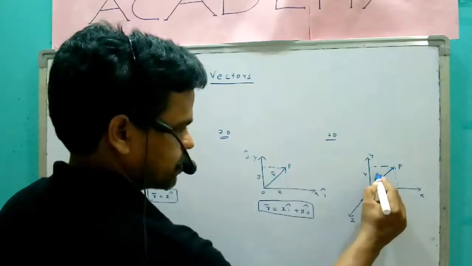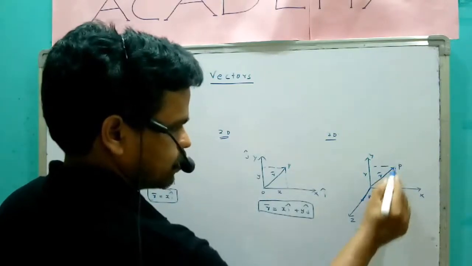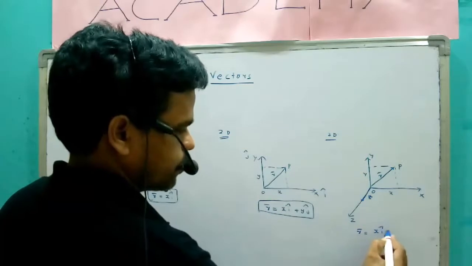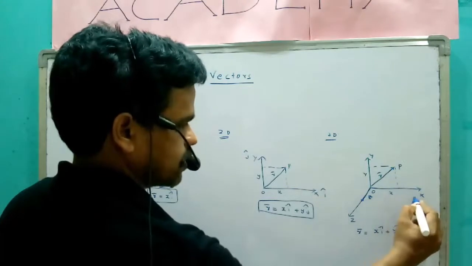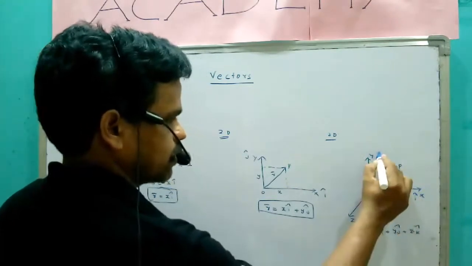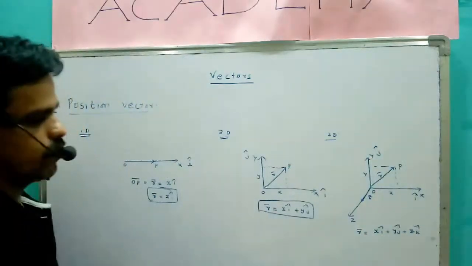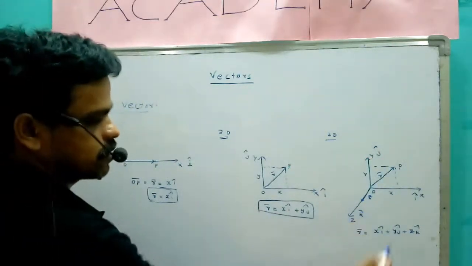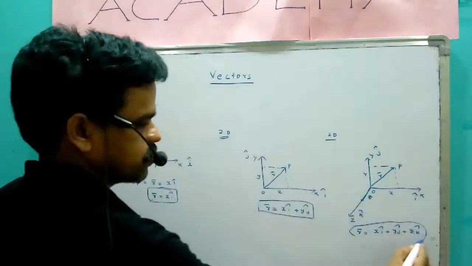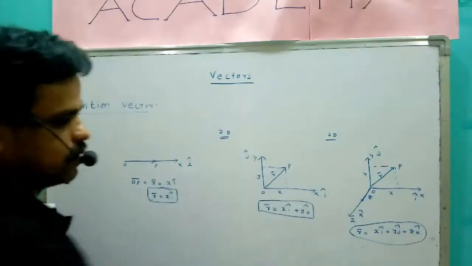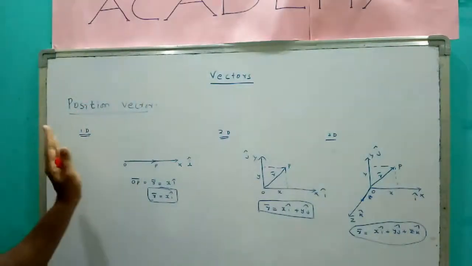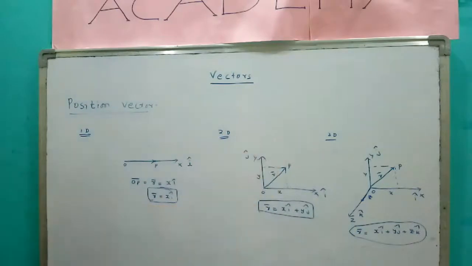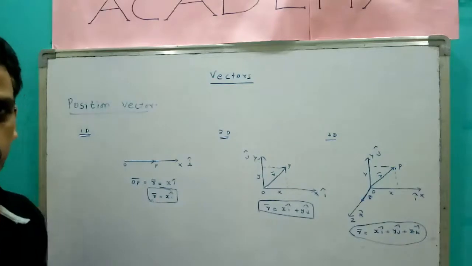So the position vector of this point is x i, y j, z k. Along the x-axis the unit vector is i, along the y-axis it is j, and along the z-axis it is k. So in three-dimensional space, the position vector of any point or particle is x i plus y j plus z k. So this is the position vector in one-dimensional, two-dimensional and three-dimensional space. I think you understand. Now I am moving to one more topic.